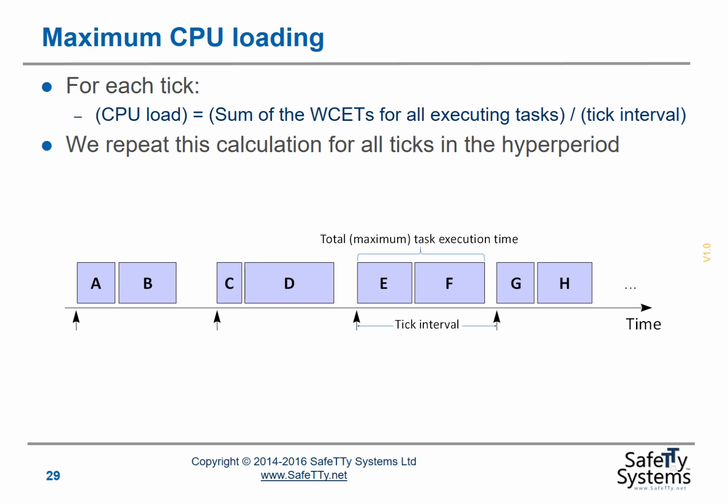So here, for example, we'd sum up the worst case execution time of task E plus task F. This would give us the total maximum execution time within this tick interval. We divide that by the tick interval and we'd have a percentage, a maximum CPU load for that particular tick interval. We repeat this calculation for all tick intervals in the hyperperiod, look for the highest watermark, the maximum sum of the execution times, and that gives us a representation of the maximum CPU load for the system.